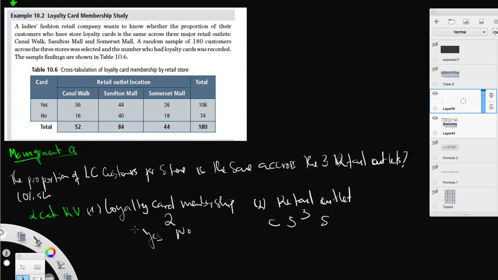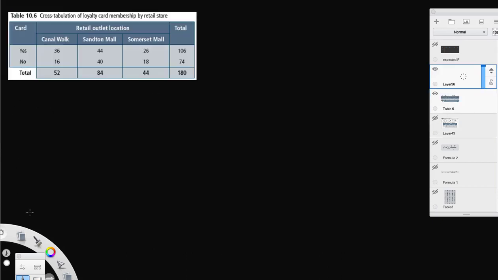Now let's move into our first step, which is defining the null and alternative hypothesis. Step 1, define null and alternative hypothesis. Let's just call our data proportion 1, proportion 2, and proportion 3.